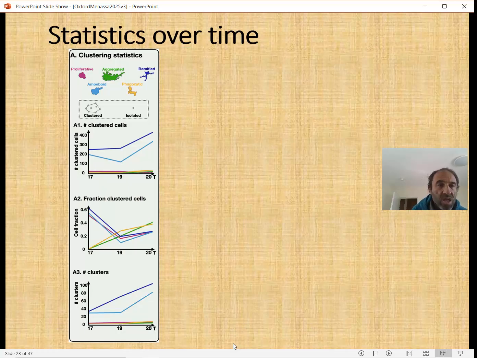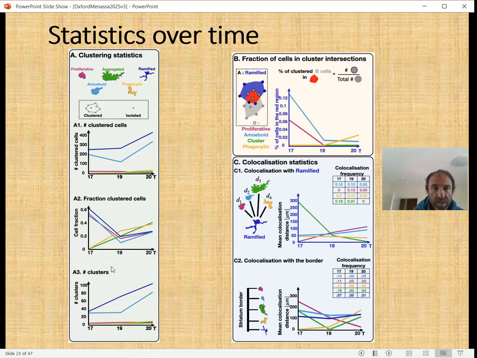So the present approach also allows you to do the statistics over time of the cluster versus isolated. So we look here at the number of cluster cells, the fraction of cluster, and the number of clusters. We looked also at the fraction of cells in a cluster. So this is represented here.